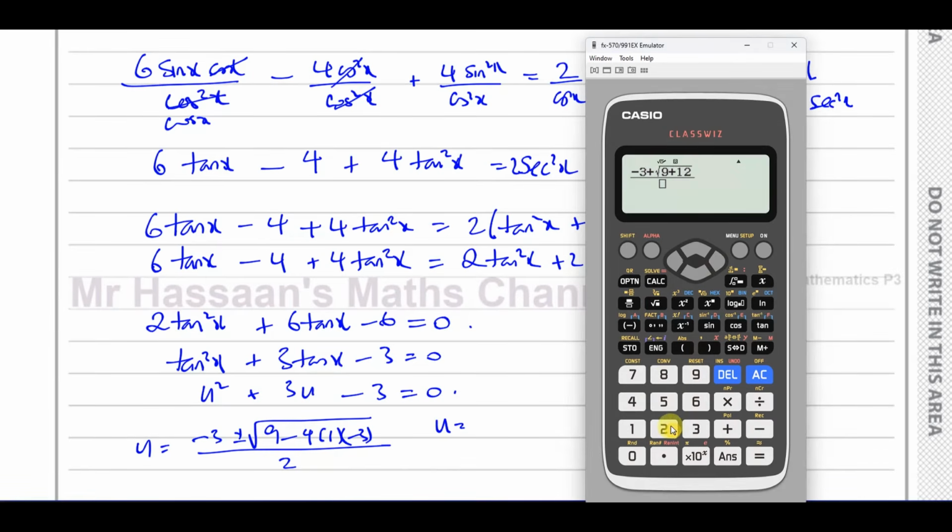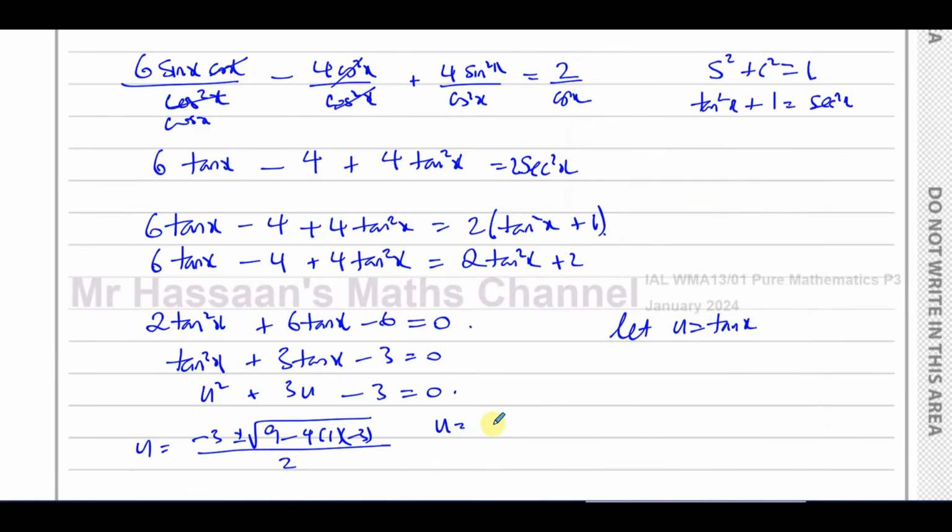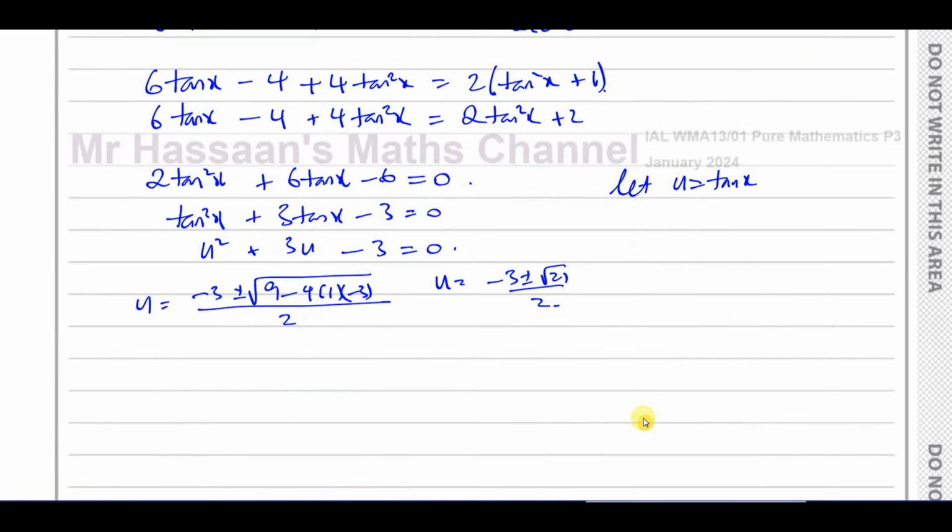Divided by 2. So you end up with minus 3 plus or minus root 21 over 2. Now, if I do minus 3 minus root 21 over 2, it's going to be, of course, no solution. So the only solution we're going to get from this is when tan of x is equal to minus 3 plus root 21 over 2.